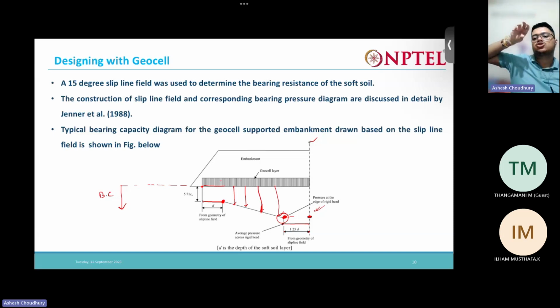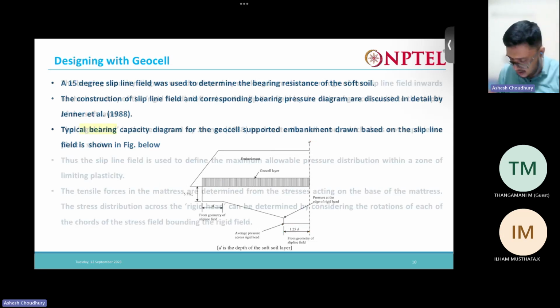For normal soil, what is the elastic limit? It's 5.71 CU. This is the elastic limit for a normal unreinforced soil. But due to the reinforcement, our elastic limit is increasing. That means the soil can now take more load without going into a plastic state.